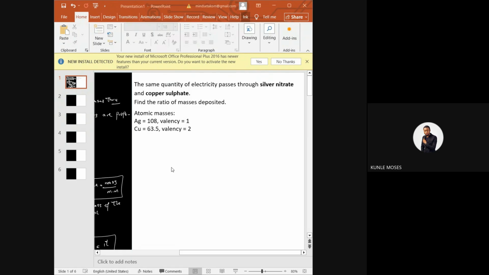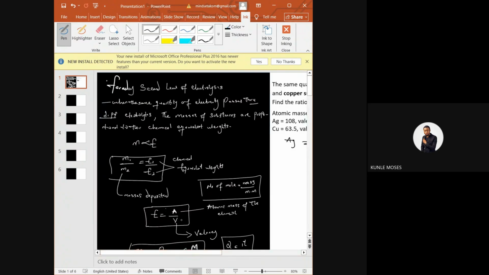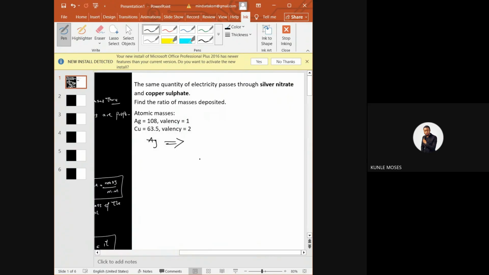So if you want to calculate for silver quickly, since our formula here says E equals A over V, which is the atomic mass of the element over the valency, isn't it?